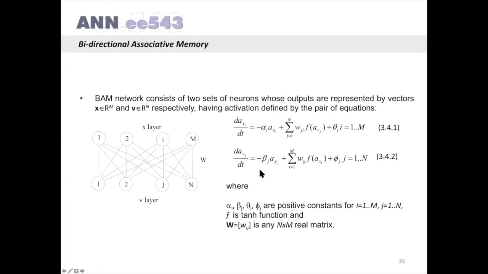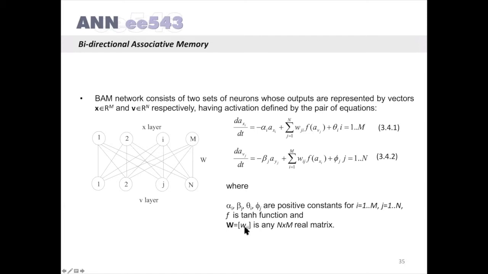j is changing from 1 up to n, where alpha i, beta j, theta i, and pi j are positive constants for i from 1 to m and j from 1 to n. Here f is the hyperbolic tangent function and W is the matrix, each entry is wij, an n by m real matrix.